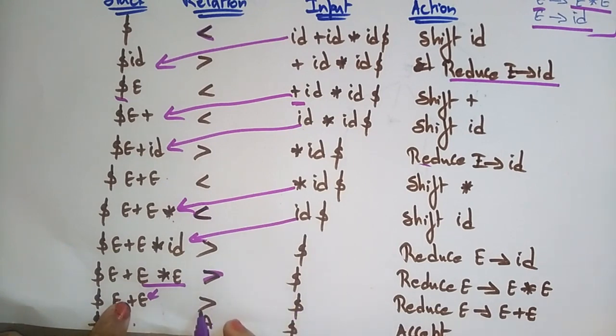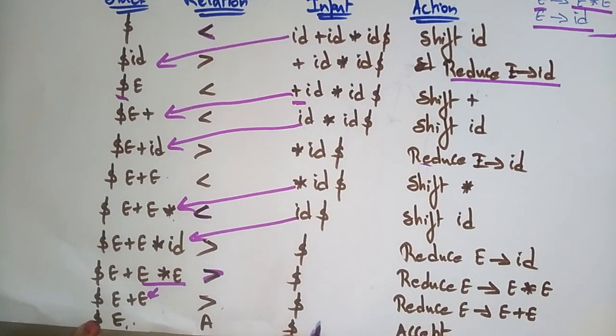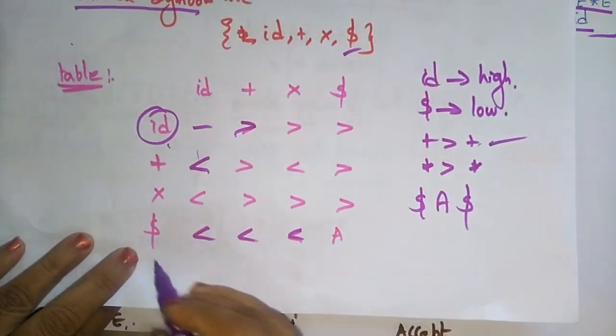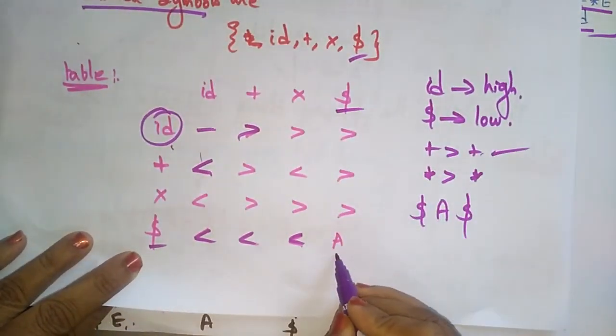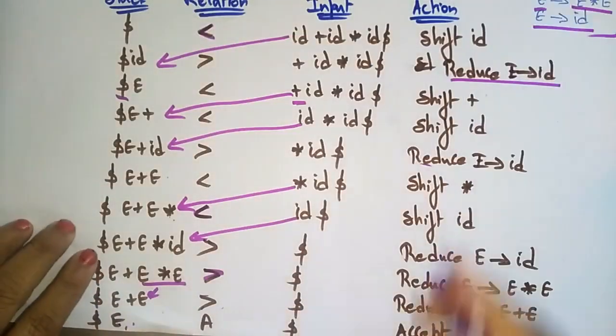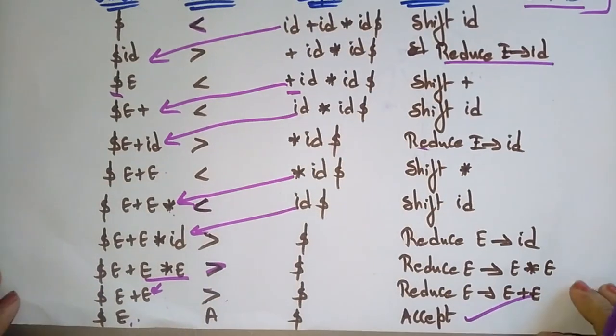The plus is having the highest priority when compared to the dollar. So greater than symbol. So now we have to check between the dollar and dollar, not with the E. Dollar and dollar means accept the string. Finally you get the accepted string.